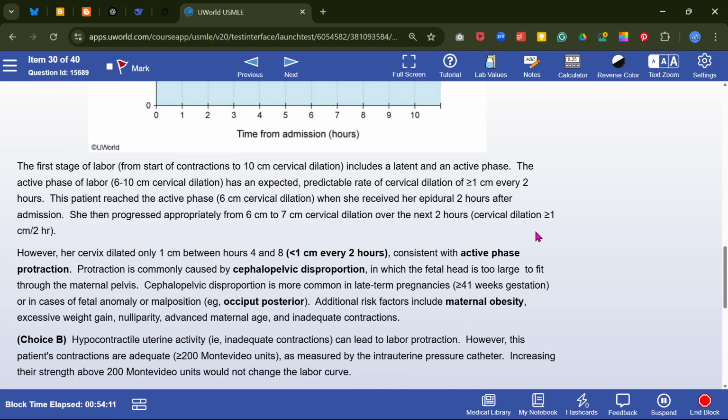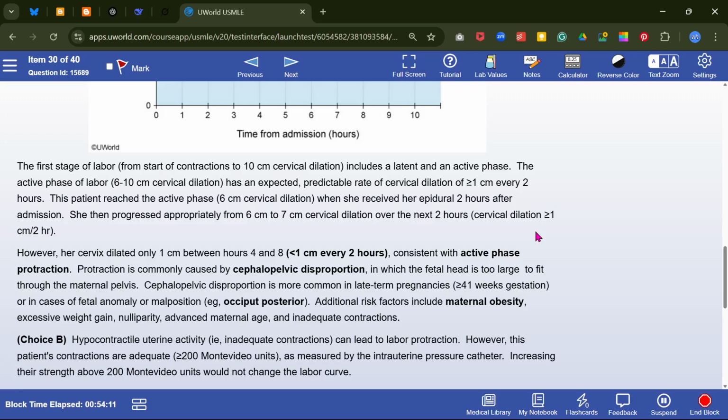Okay. The first stage of labor is from start of the contraction to 10 centimeter cervical dilatation and includes a latent and an active phase. The active phase is 6 to 10 centimeters and the latent phase is 0 to 6 centimeters. In the active phase of labor, a predictable rate of cervical dilatation is 1 or more centimeter every 2 hours.